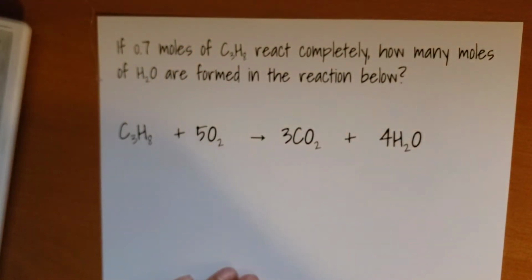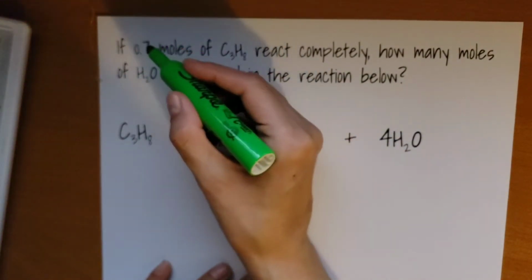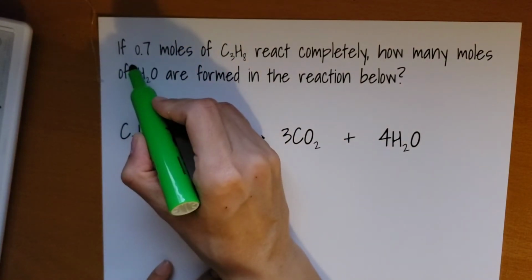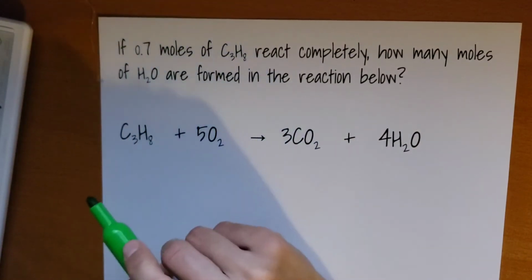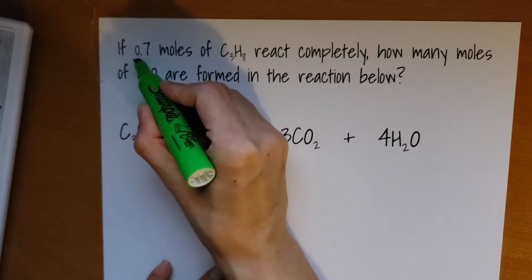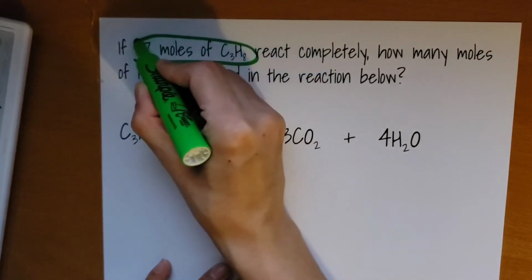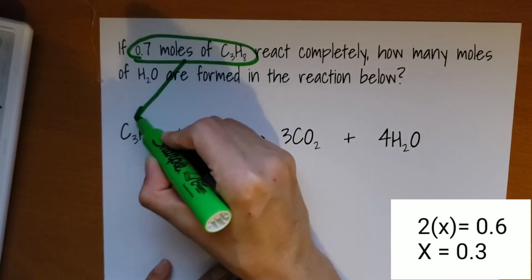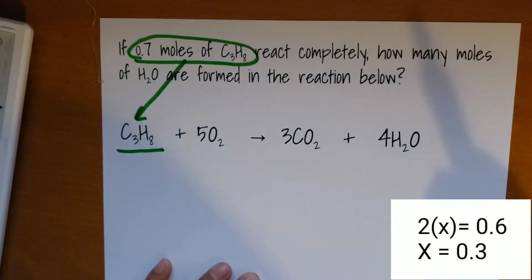Let's do one final question together. In this question, it asks if 0.7 moles of propane, so here I am given this value, connects with this formula, reacts completely, how many moles of water are formed in the reaction?